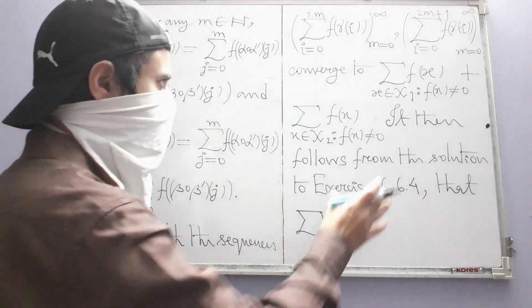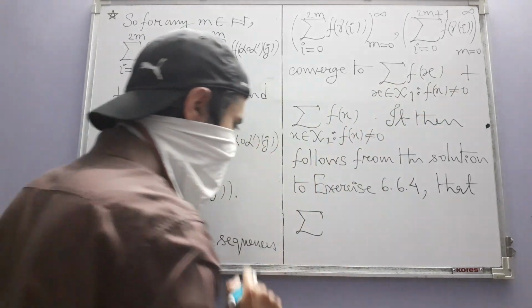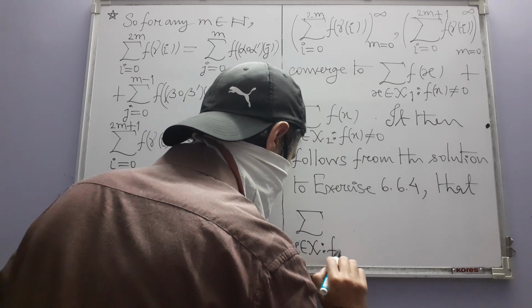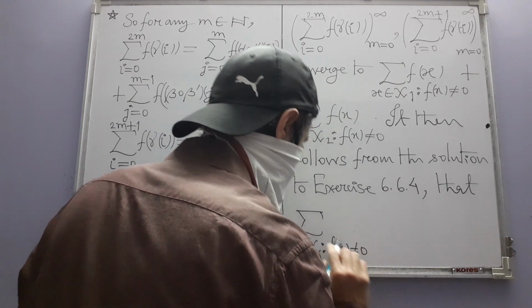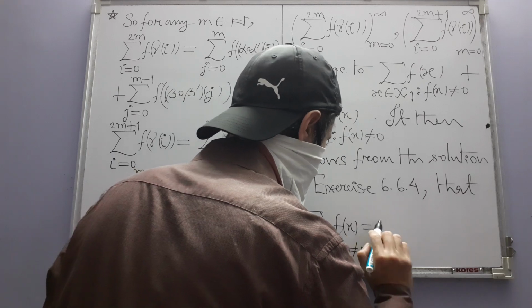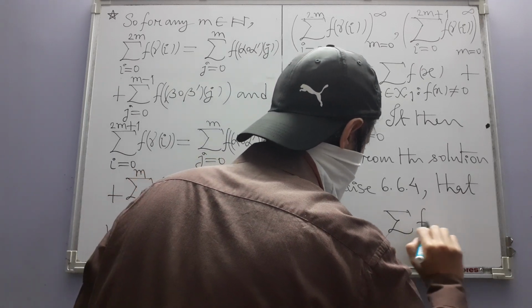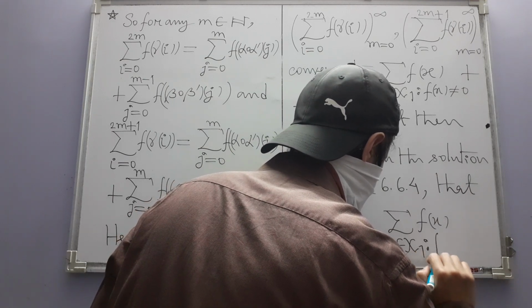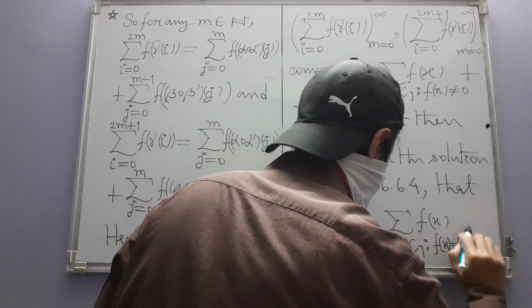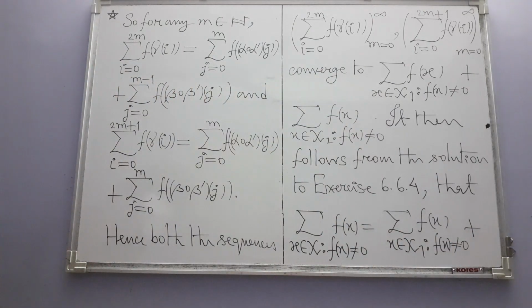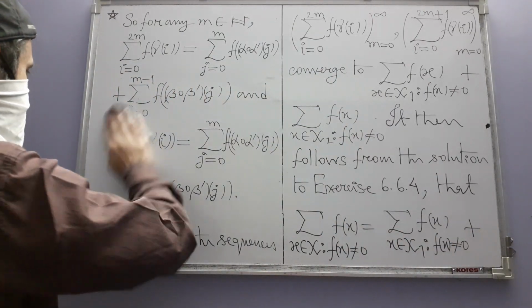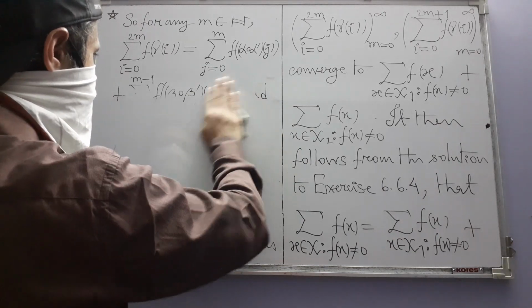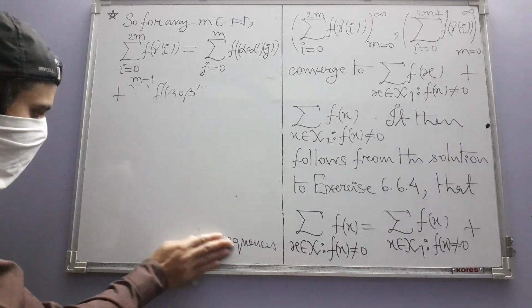The entire sequence converges to this plus this, the other sum. And that's how we complete the proof of that identity.